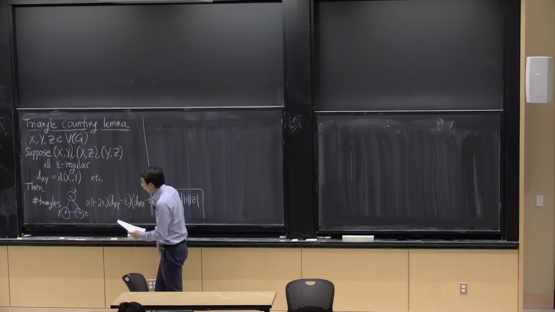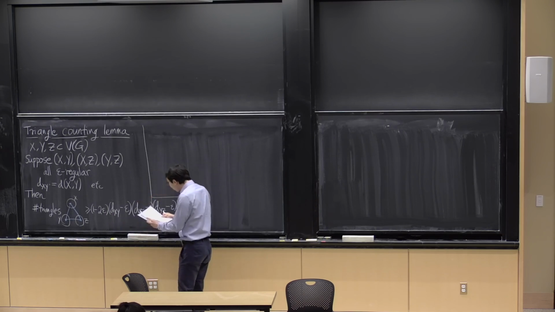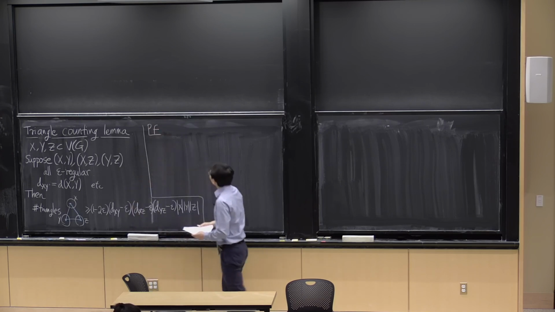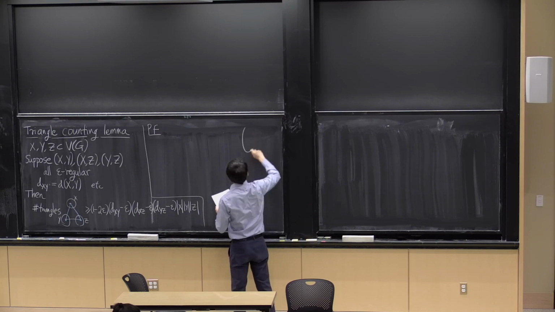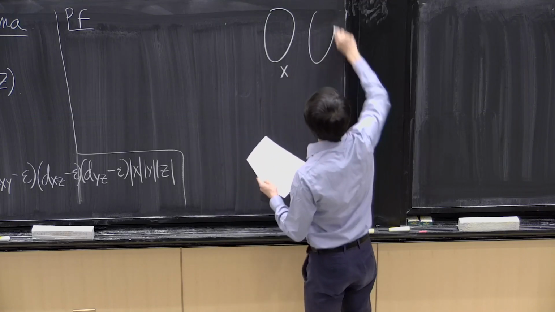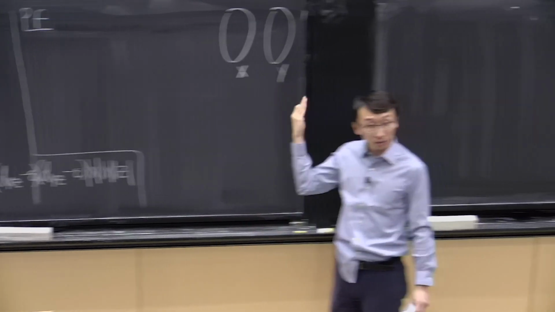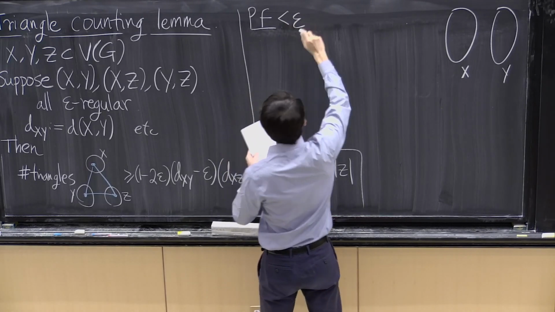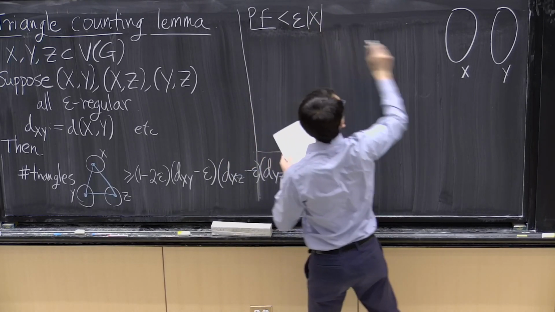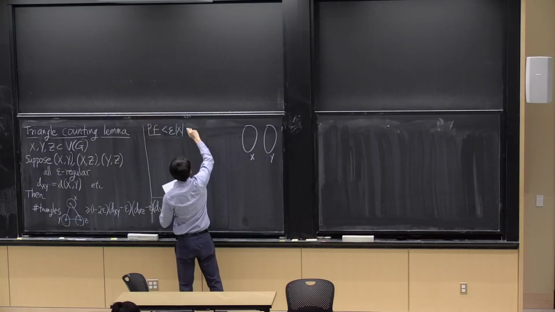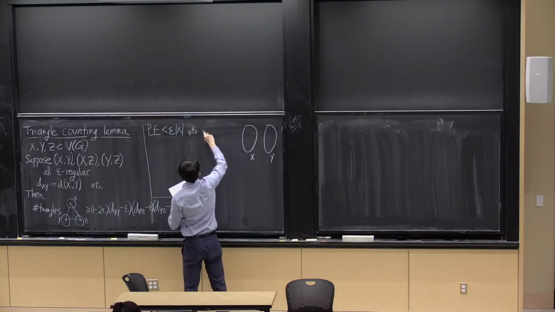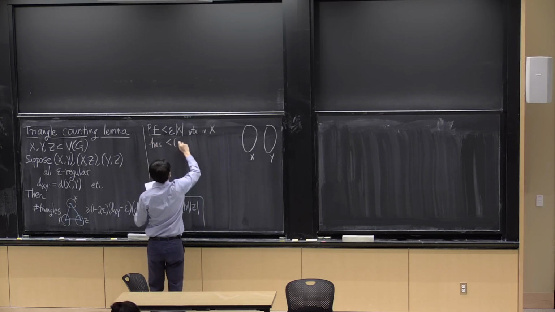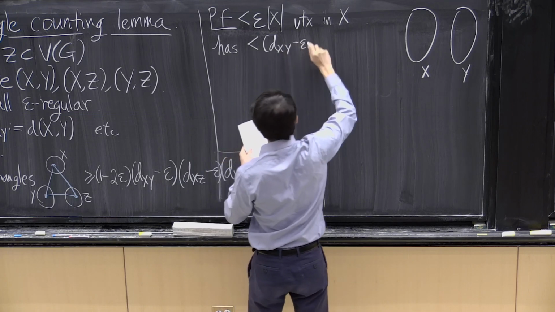All right, here's how this proof is going to go. Let's look at x and think about its relationship to y. It's epsilon regular, and I claim that as a result, fewer than an epsilon fraction of the vertices in x have a very small number of neighbors in y.